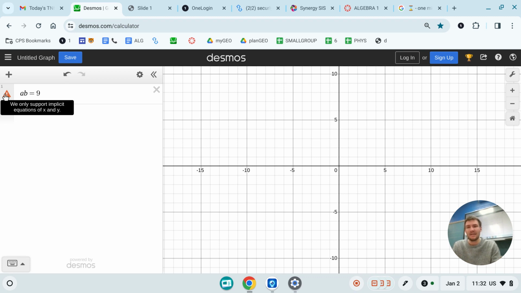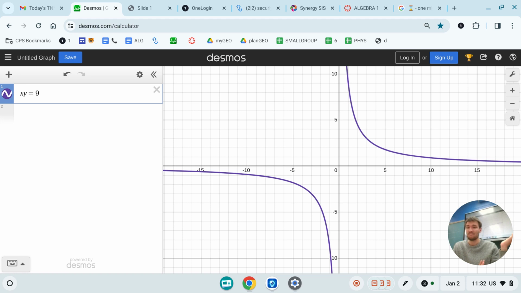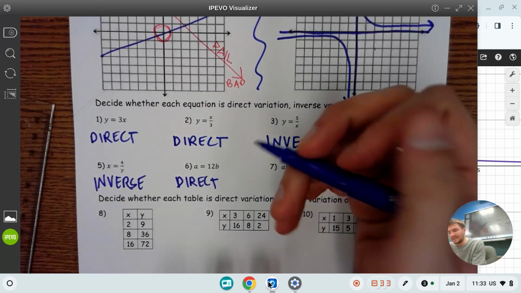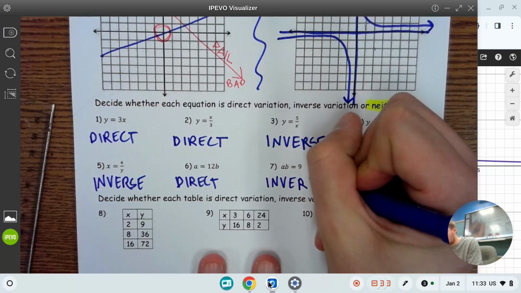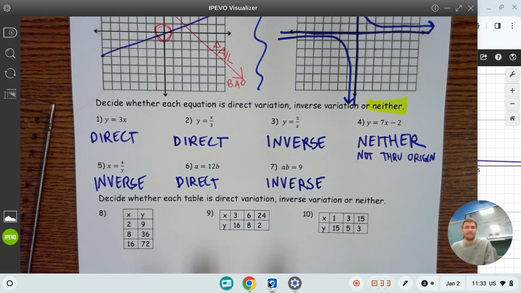What does that mean? That means we got a problem. AB is not going to work. So what do we do? XY. That looks inverse to me. Always a good idea: if you're going to type it into Desmos, just make it an x and a y. Okay?